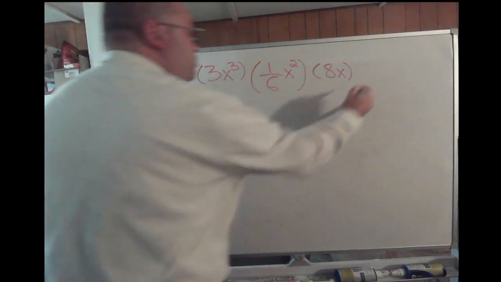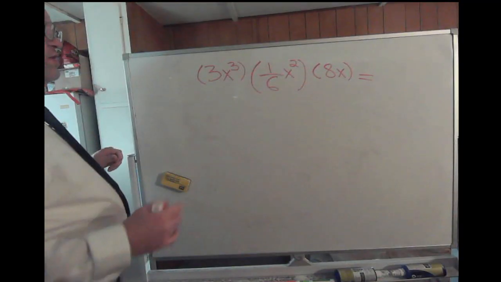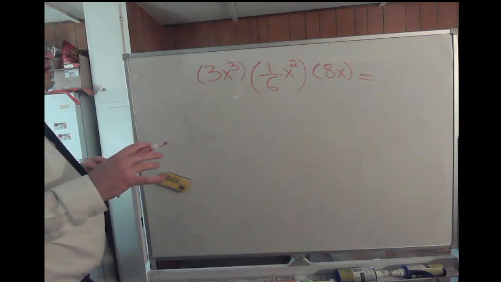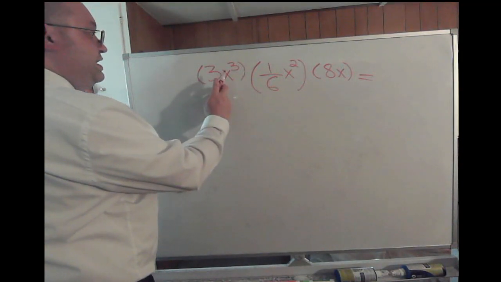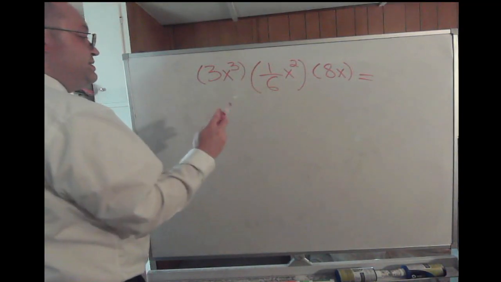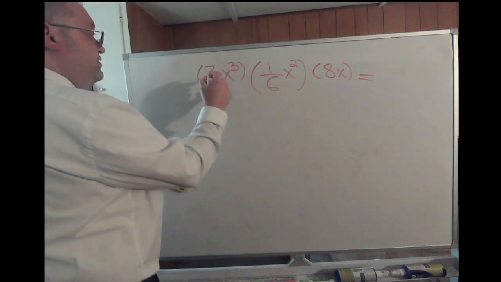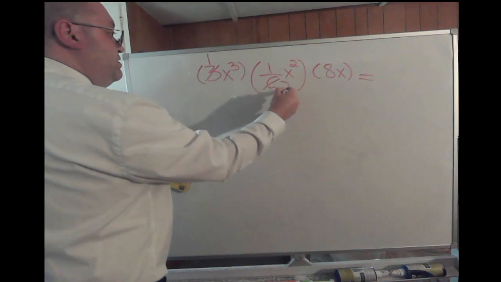Okay, well, we got a three-way multiplication here. So first, let's multiply our coefficients. Well, we notice here between the 3 and the 6, the 3 will cancel out. So if you divide 3 by 3, you get 1. Divide 6 by 3, you get 2.